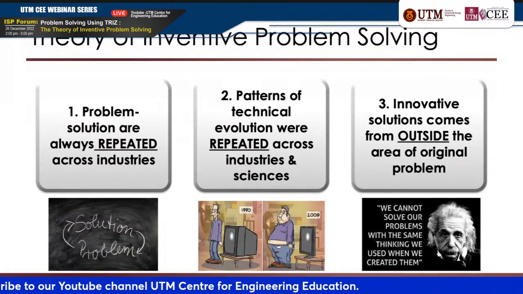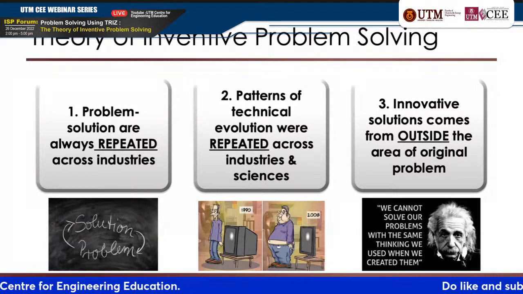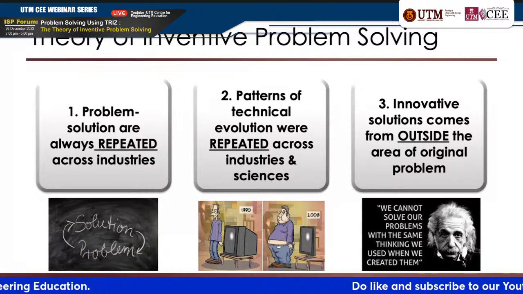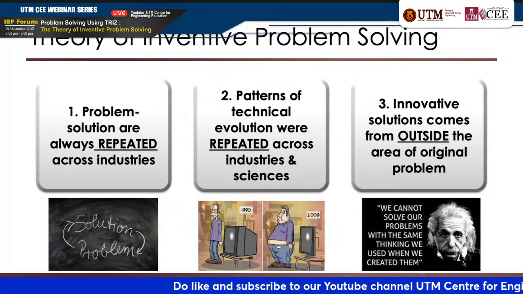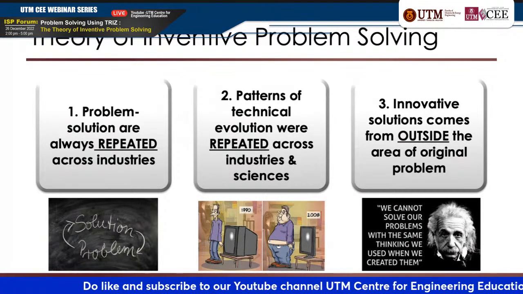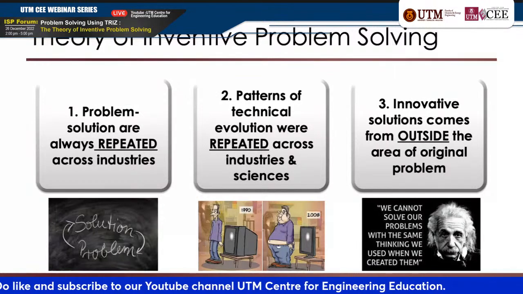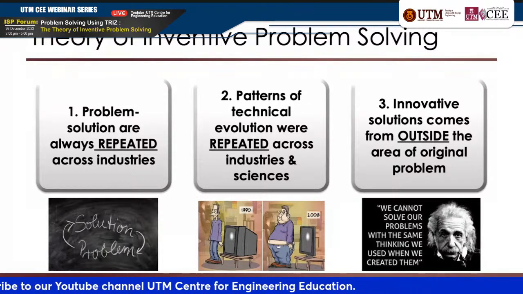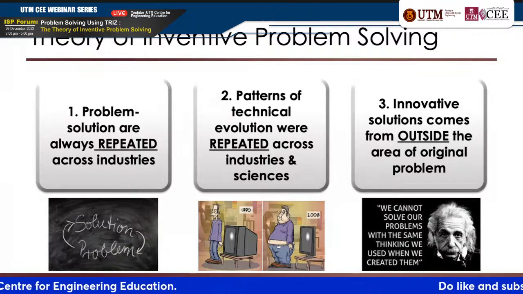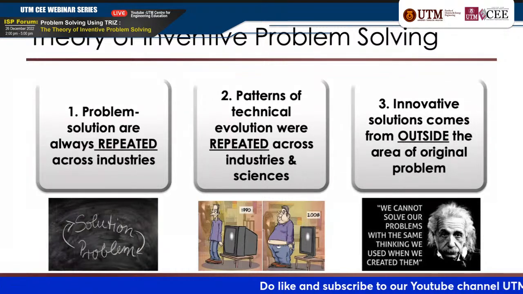Number two, when they want to develop a new type of technology, the changes of technology are also repeated according to a certain pattern. The development of your TV is similar to the evolution of your personal computer.